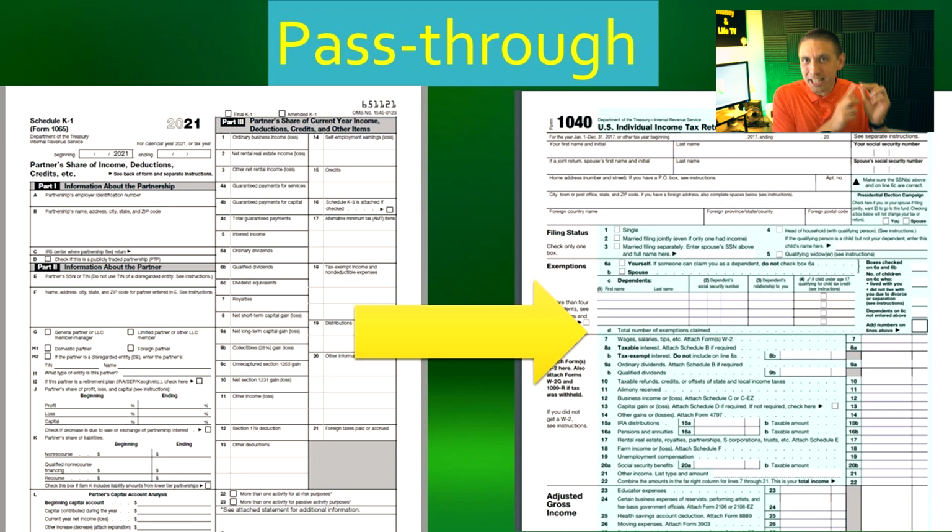And those income and expense attributes are given to you on a K-1 based on your ownership percentage in that entity. And then you are to report your share of those income and deductions on your personal tax return. The K-1 statement is showing how much of the income and deductions you get to report on your taxes based on how much of that entity you own.